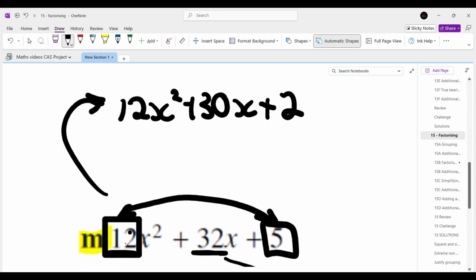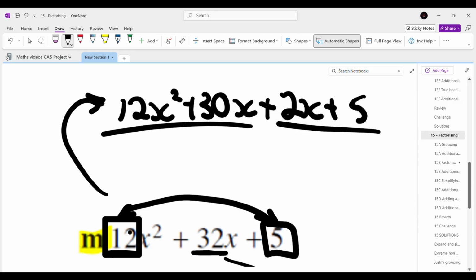Plus 2x plus 5. Now, as we said before, we'll take a common factor out of this part of the equation and a common factor out of this part, just using our method as before. So here we can take out 6x, which just becomes 2x plus 5.